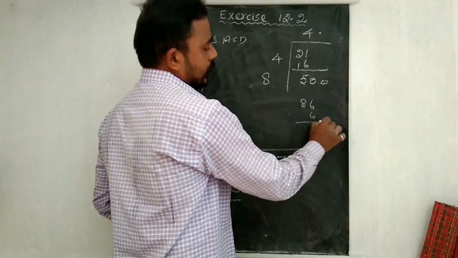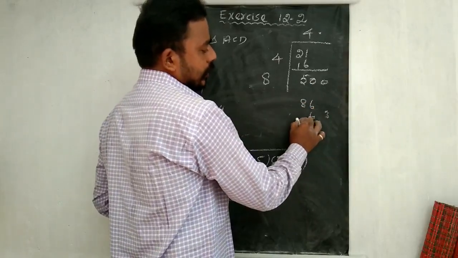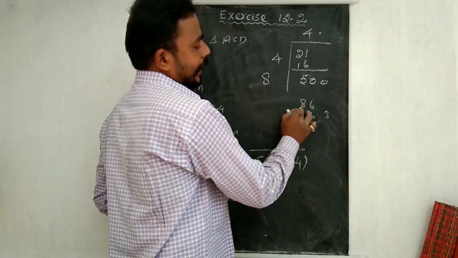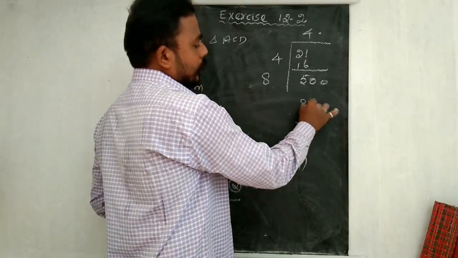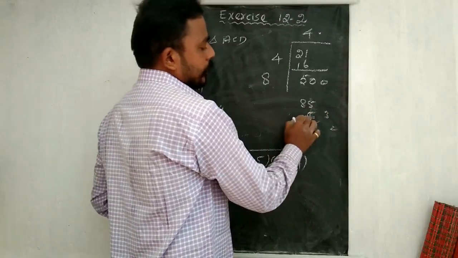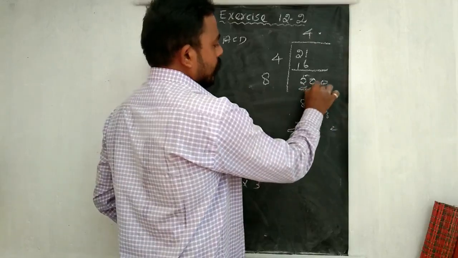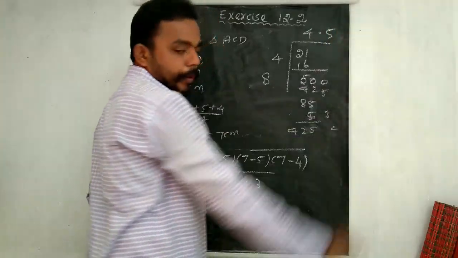Suppose 6, 6 6s are 36, remaining... 5 8s are 40, so 4.5.